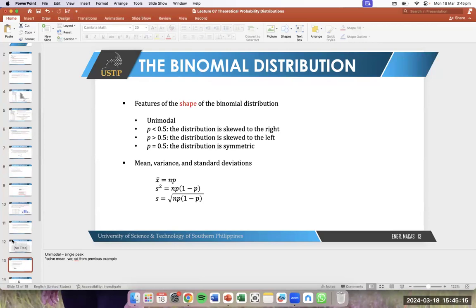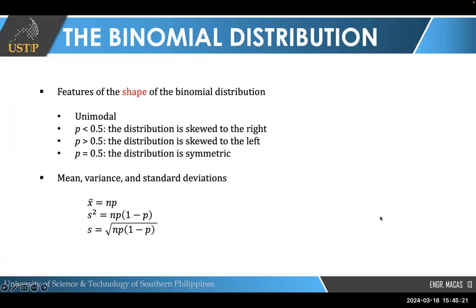So, let us go to the features of the shape of your binomial distribution. So, number one, it is unimodal.